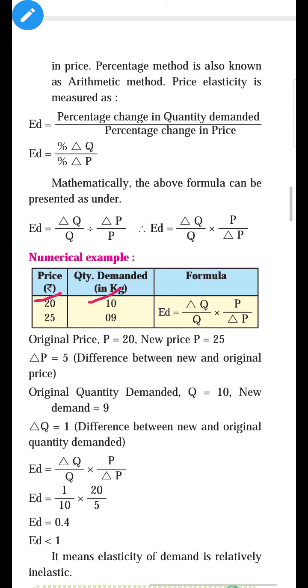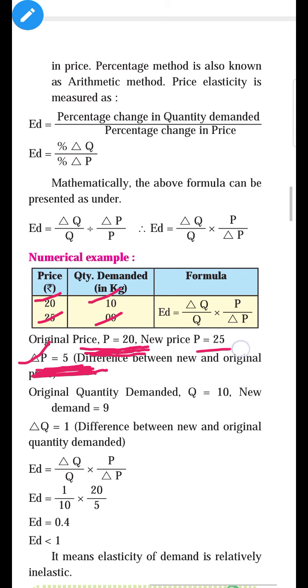When the price increases from 20 rupees to 25 rupees, demand decreases from 10 to 9 kg. So how much exactly does the price change? Price changes by 5 rupees. So delta P is equal to 5 rupees, and the original price of the commodity is 20 rupees. So P is equal to 20 and delta P is equal to 5 rupees.